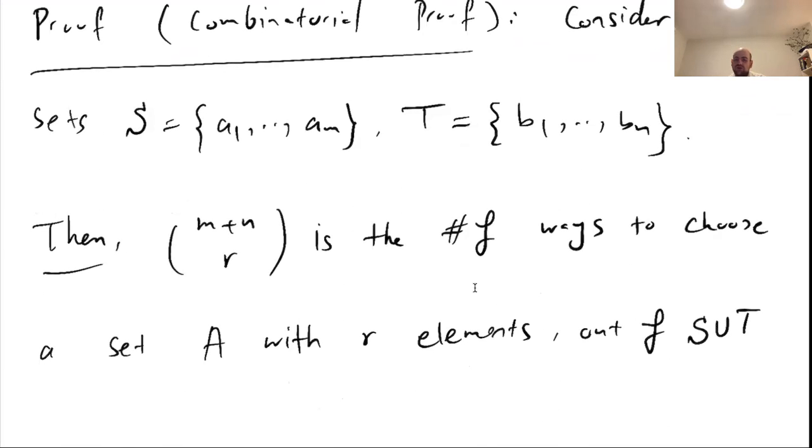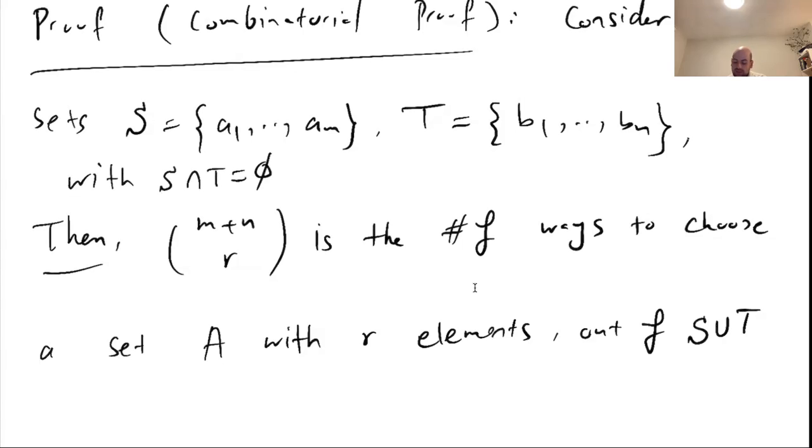And if you want to choose r elements out of m plus n elements, by the way, to be sure that S union T has m plus n elements, let me also say with S intersection T equals the empty set.